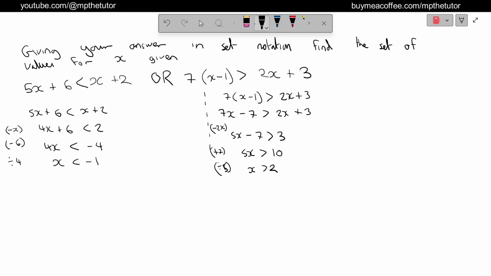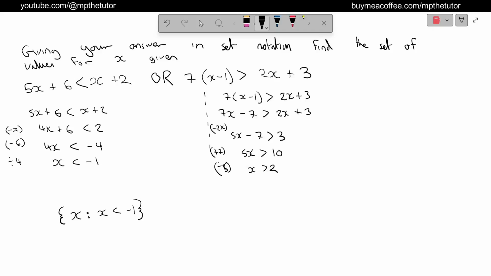Now we then need to link up our two separate inequalities with set notation. So we start off by writing the first one. So we have that weird squiggly bracket, x with a colon, and then we say x is less than minus 1, and then we close that bracket. Now, we then need to use the symbol for or.